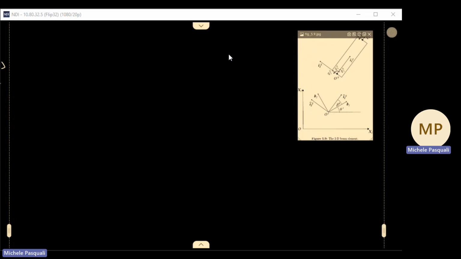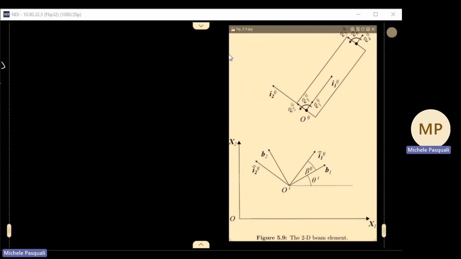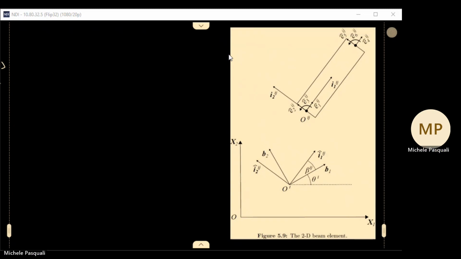Okay, so as you can see here, we have this 2D beam element, in which you can find the element frame, the inertial frame, x1 and x2 for the 2D case.